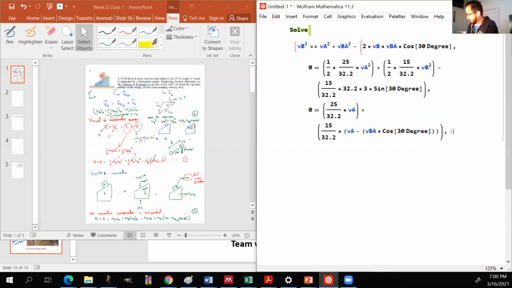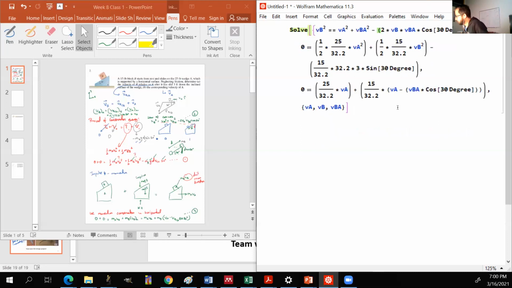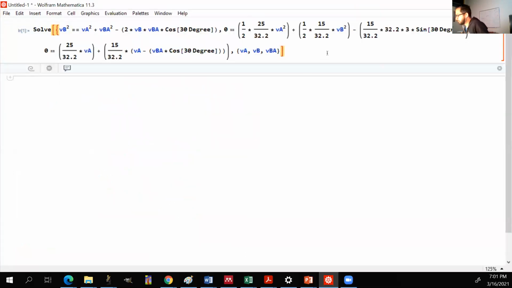All right, and then we're solving for VA, VB, VB relative to A. Oh, I did not close this bracket. There you go. Oh, what did it go wrong? Oh, I didn't close this bracket.